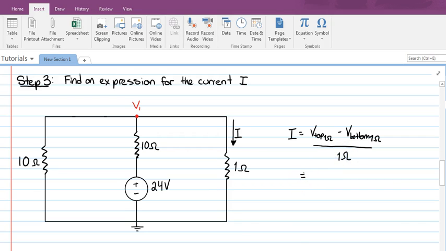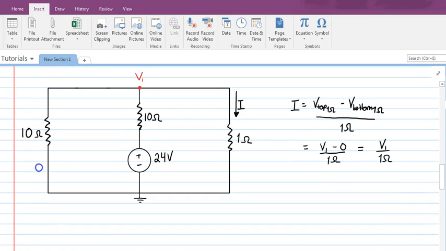So what does this give us? The voltage at the top of our 1 ohm resistor is V1, and the voltage at the bottom is 0 because it's grounded, and the resistor has a resistance of 1 ohm. So I is going to be equal to V1 over 1 ohm. That's going to be our expression for the current I in the circuit.